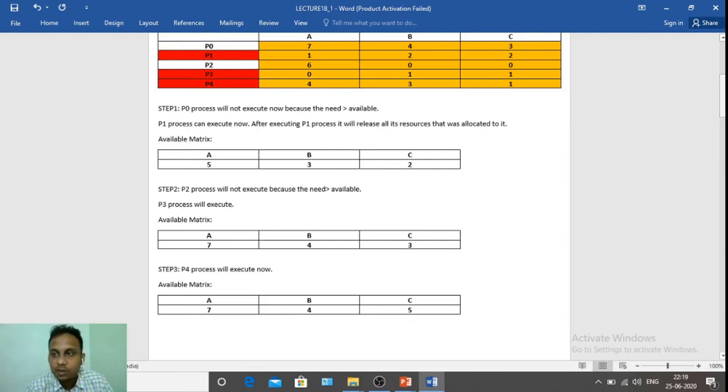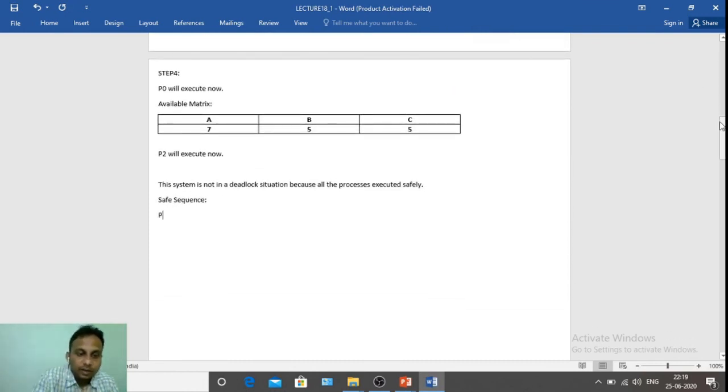So P1, then P3, then P4, after that P0, and after that P2. So this is the safe sequence.